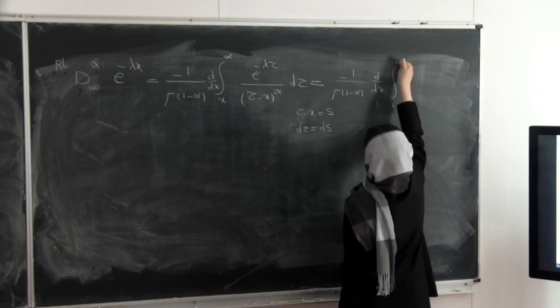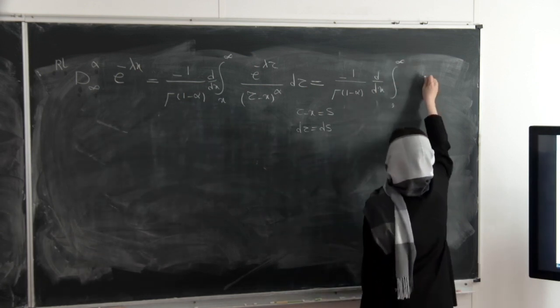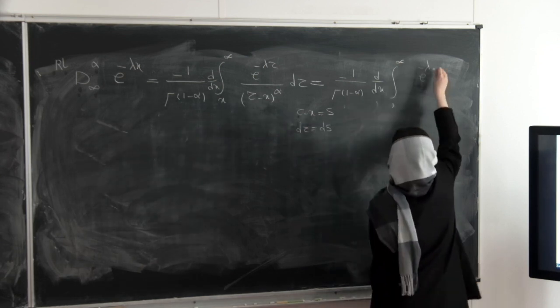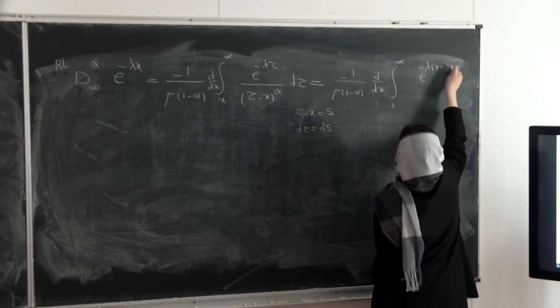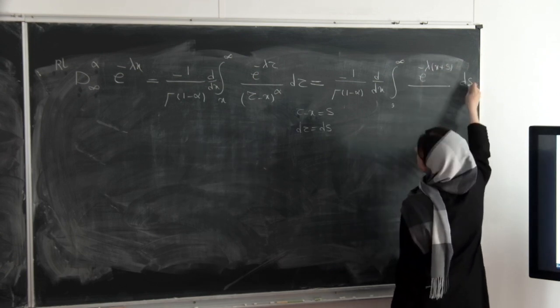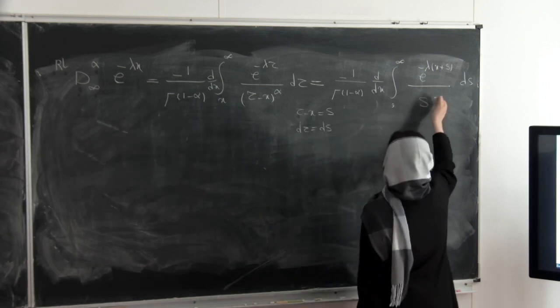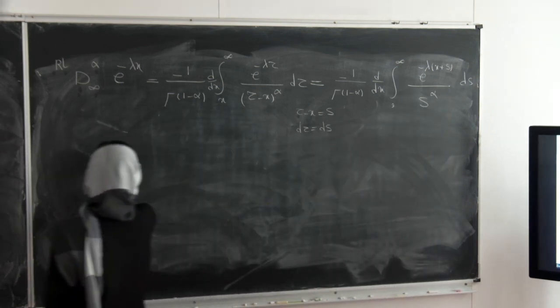Integral 0 to infinity e to the minus lambda tau, where tau is x plus s, and tau minus x is s to the alpha.